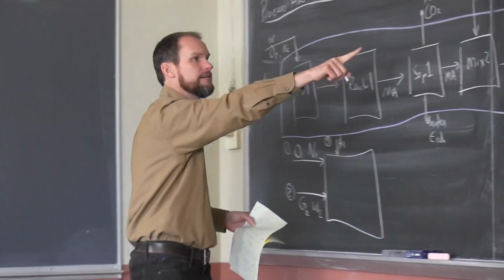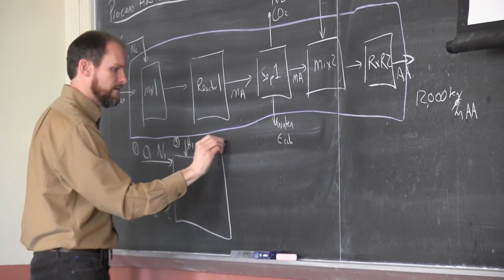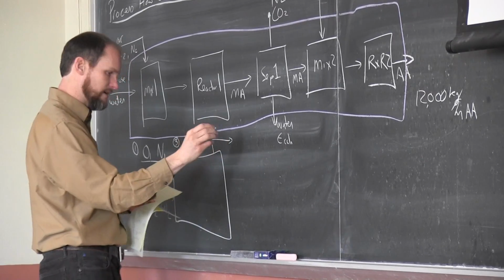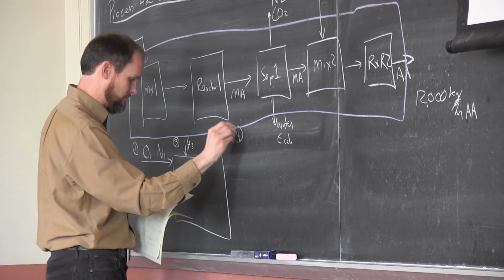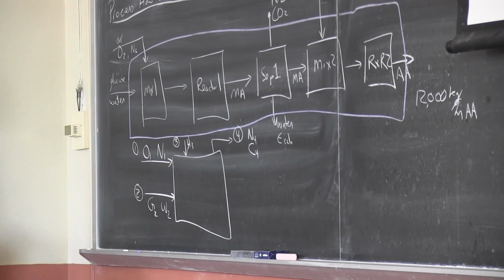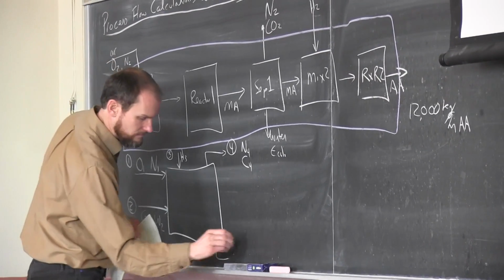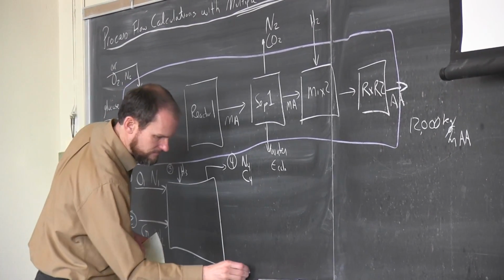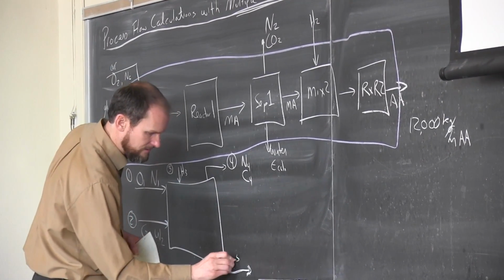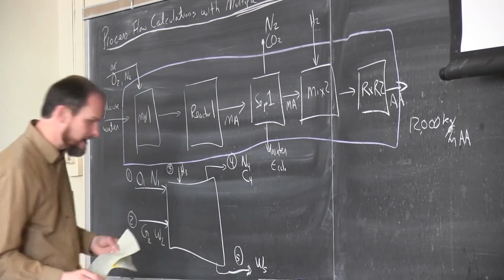And I've got outputs here, here, and here. So let's call the top one stream 4, and we'll put nitrogen and CO2 in stream 4. Stream 5, out the bottom, we'll put water in stream 5.